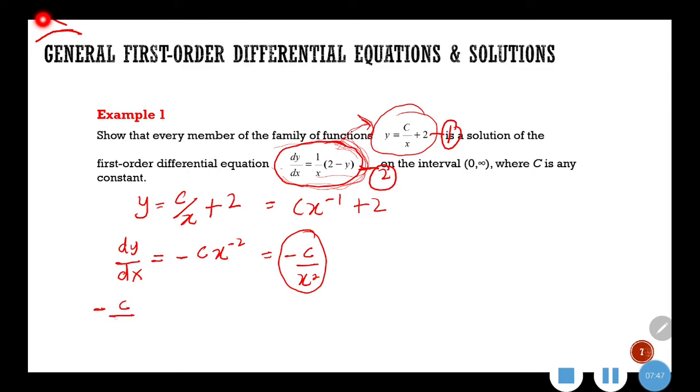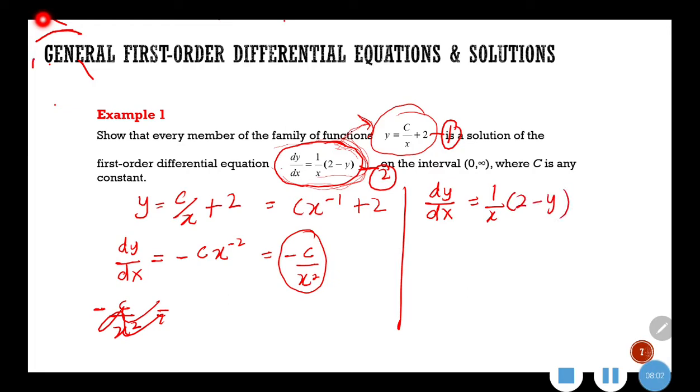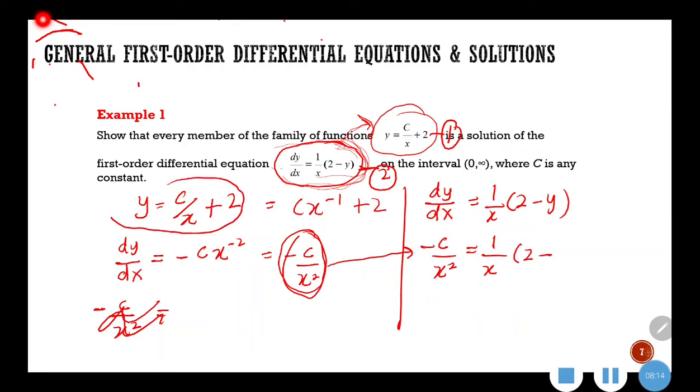Okay, I write equation 2 again: dy over dx equals 1 over x times 2 minus y. So our dy over dx equals negative c over x squared, equals 1 over x times 2 minus, we know given to us, y equals c over x plus 2.